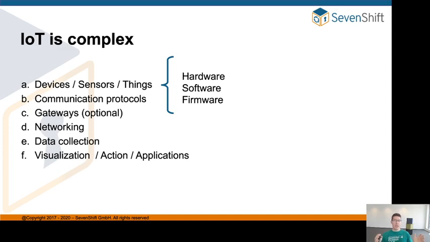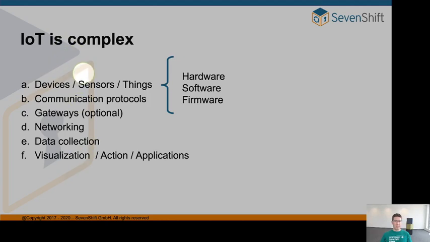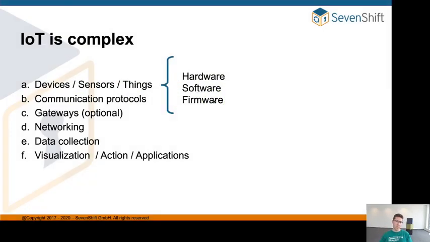So IoT is complex because we're dealing with different layers that have to work all together. On one of the layers, we have the devices, the sensors, and the things, which are actually made of hardware, software, or firmware, which is what it's called when it's the small software that's running on top of these devices, this embedded software. You have communication protocols. Sometimes you have gateways that are translating different technologies or routing messages back and forth.